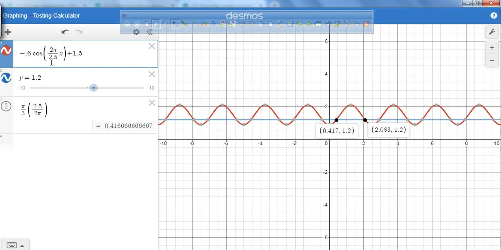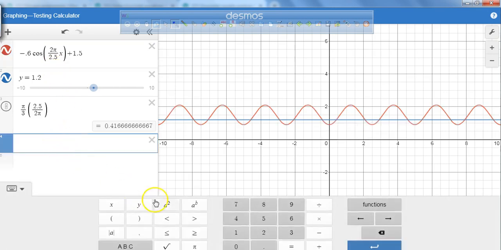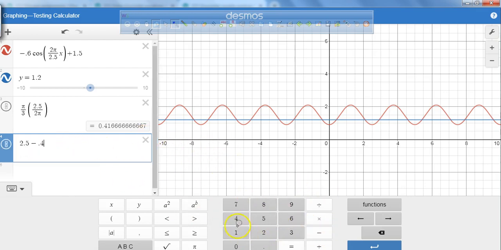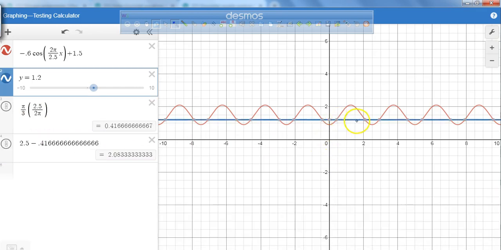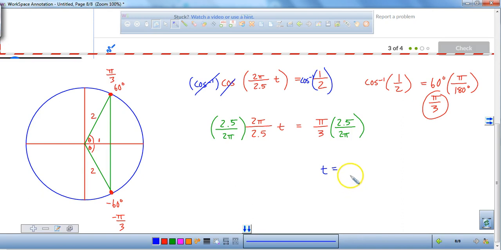So look what happens when I take 2.5 and take away that 0.416 repeating. Look what I get when I take the period and take it away. I get my second answer. So if I have 0.416 repeating, which is basically 0.417, that gets me right here.